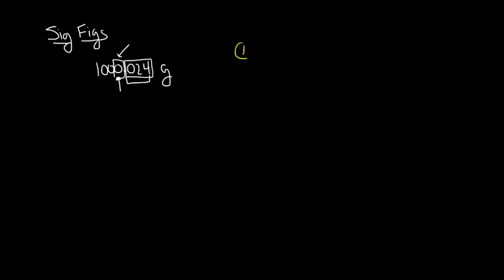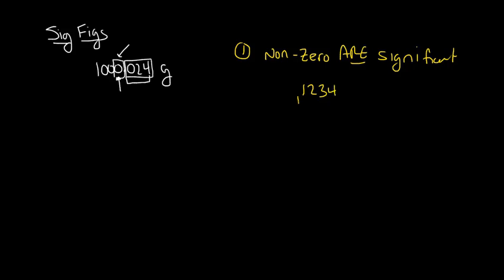Our first rule is that non-zeros are always significant. For example, if I have a number like 1234, all 4 of these digits are something other than 0, so they are significant. So this would have 4 sig figs, which I'm abbreviating here as SF, so 4 significant figures, 4 significant digits.